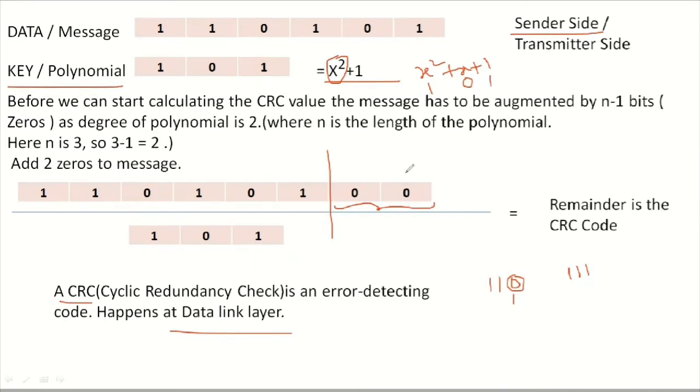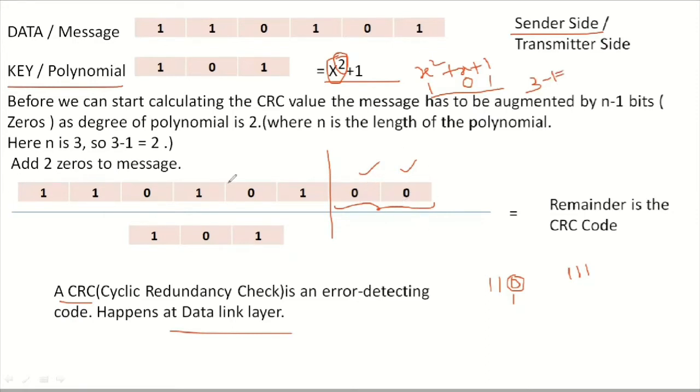The maximum power of this polynomial is 2, so you can also say that the degree of the polynomial is 2. So we are adding 2 zeros. Or else, the number of bits in the polynomial is 3, so n minus 1, which is 3 minus 1, which is 2. That's the reason why we have added 2 zeros over here.